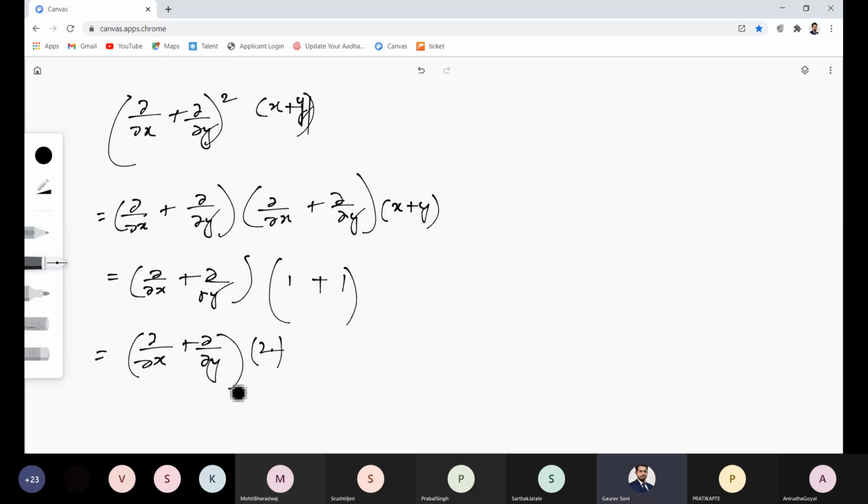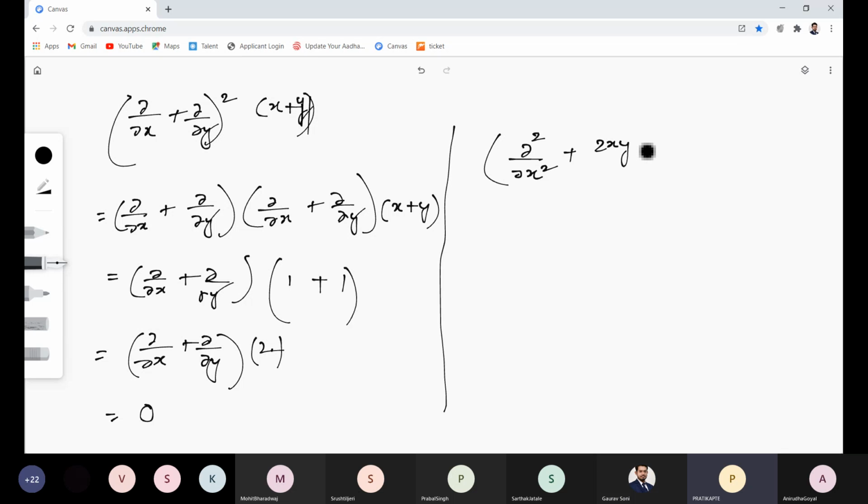Again I will open the bracket. So the derivative of 2 with respect to x is 0, with respect to y is 0. Am I right? Yes, sir. Or otherwise what you can do is you can make this a square. So it's just second degree partial derivative. Yes. Okay, sir.